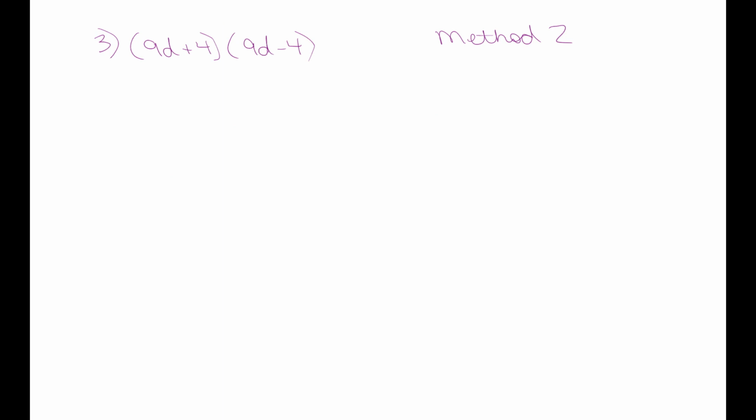Now this is a difference of squares. When I use a difference of squares, again, I'll show you both ways. So the way that y'all are used to is using the distributive property. I'll go this times this, this times that, and so on. So 9d times 9d is 81d squared. 9d times negative 4 is negative 36d.